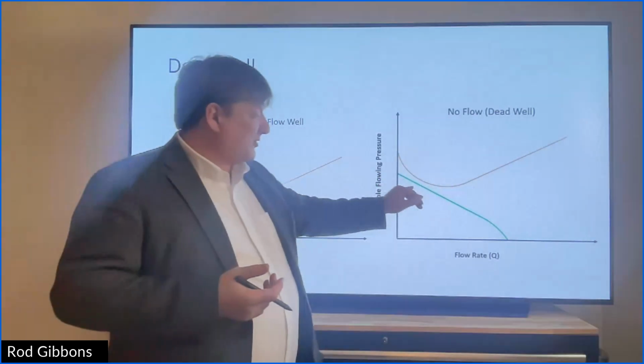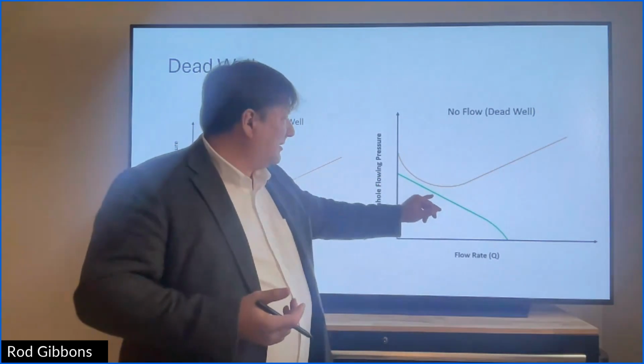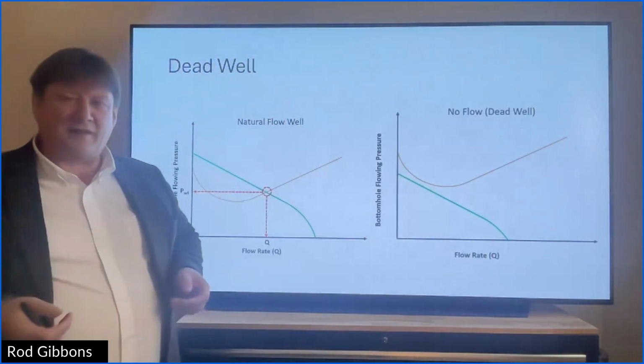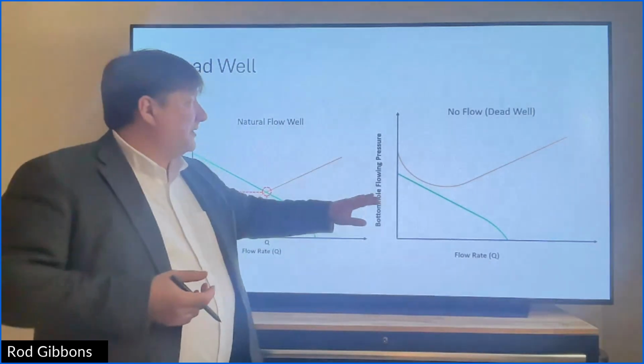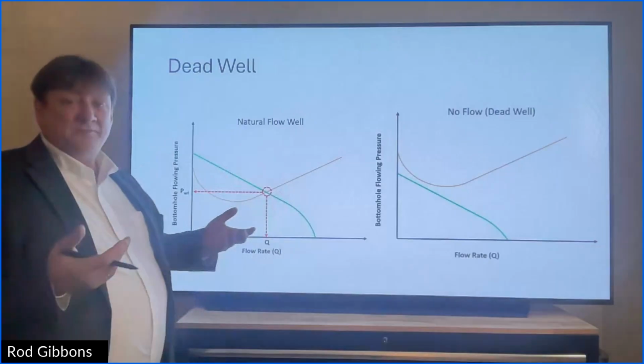I'm dropping the pressure and getting inflow into the well, but I don't have enough pressure left over to lift the fluid out of the well. So this is where you get no flow, or what we call a dead well.